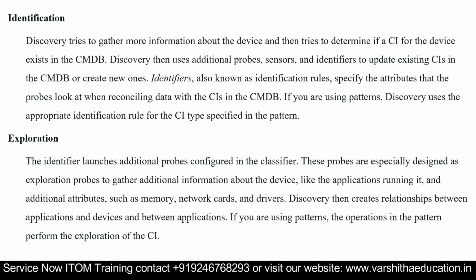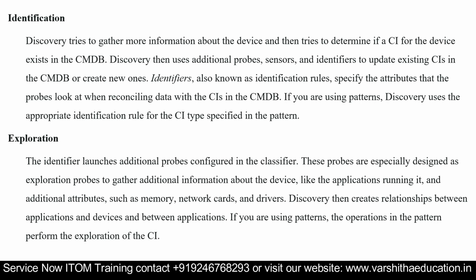So, got it? These are the identification, and identifiers are also known as identification rules. Each identification has some rules: under which conditions it can update and under which conditions it can create. Each has particular rules, and attributes that the probes look at when reconciling data with the CIs in the CMDB.